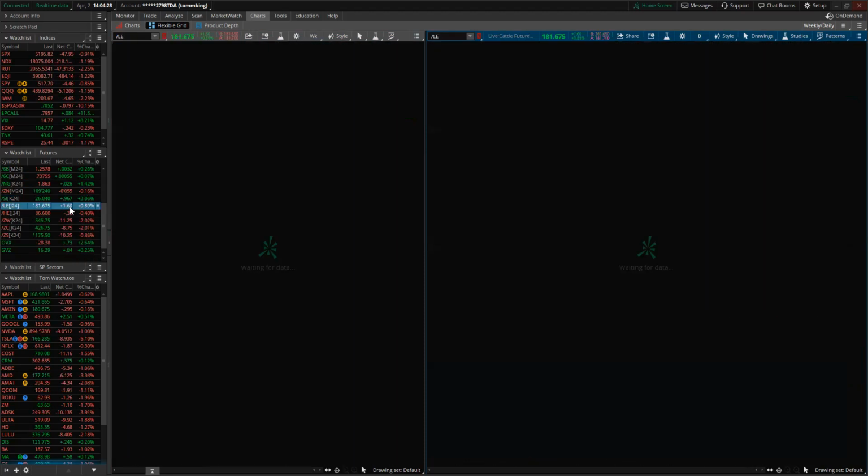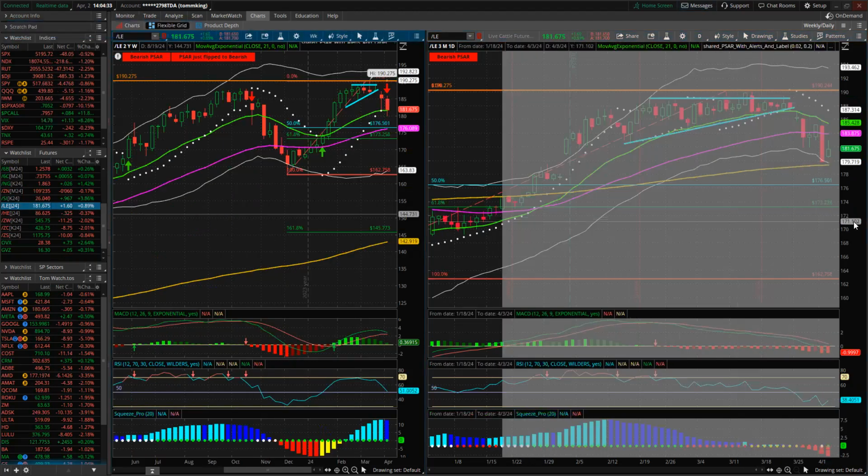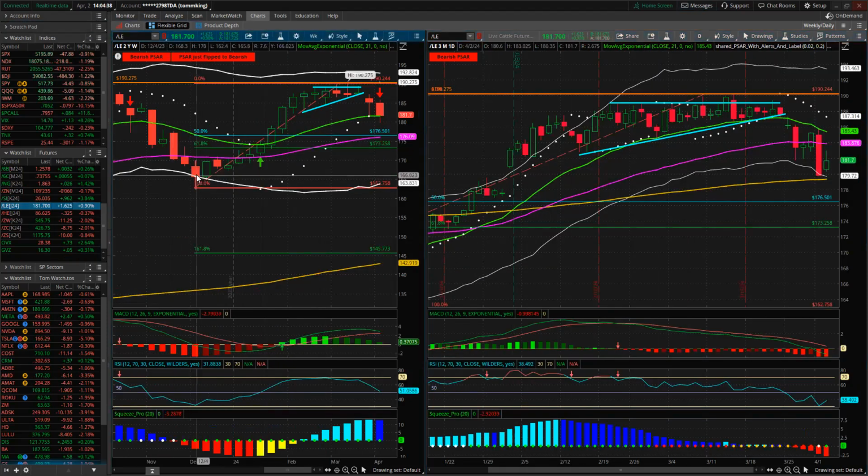All right, and then I'm sure that nobody wants to look at live cattle in here, but if you looked at live cattle, here's a pretty good hammer right here. Down, down, down, down, a hammer, no follow through. Down, down, down, down, down, then an inverted hammer, no follow through, then a hammer with follow through.